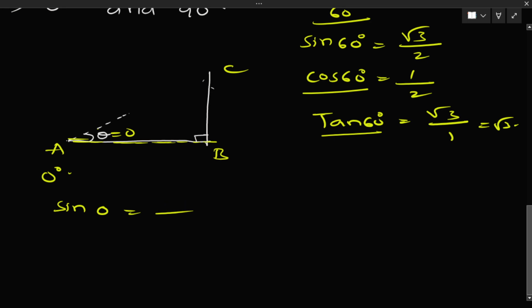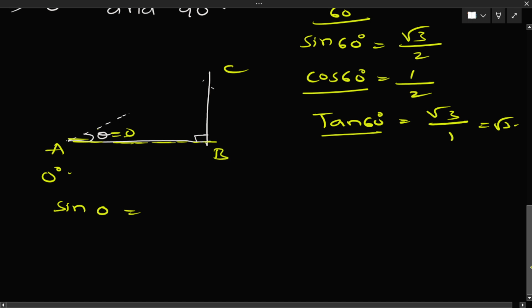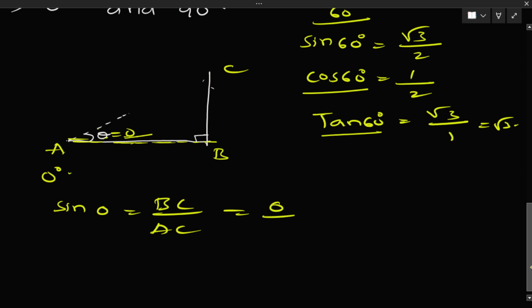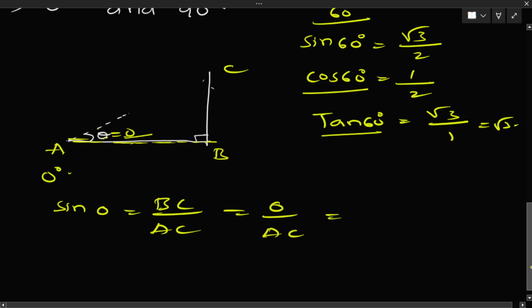In this triangle, with theta as 0, the opposite side is BC and the hypotenuse is AC. If theta is equal to 0, then BC is also 0. So 0 by AC gives you 0. So sin 0 is 0.